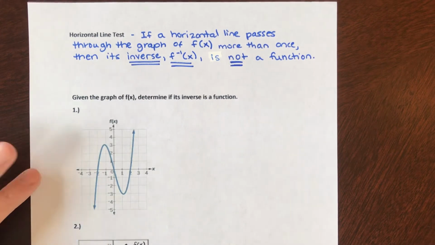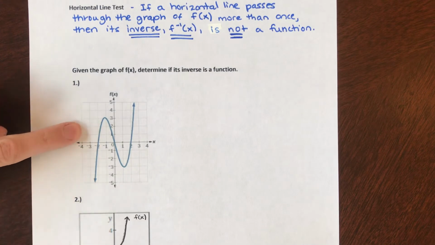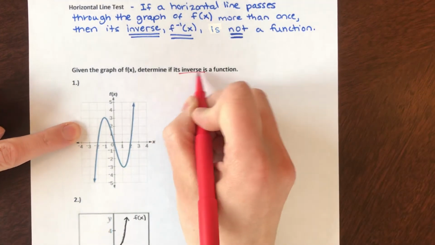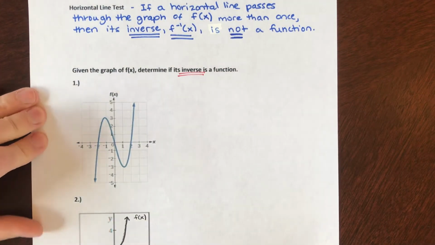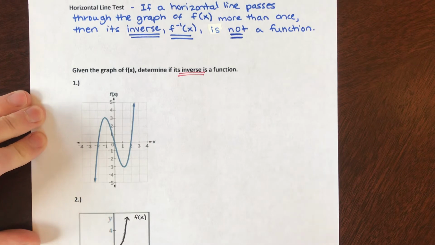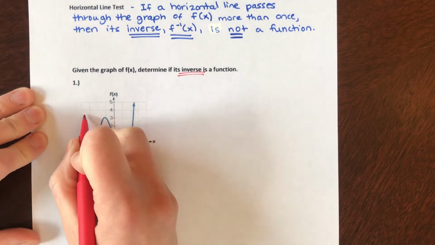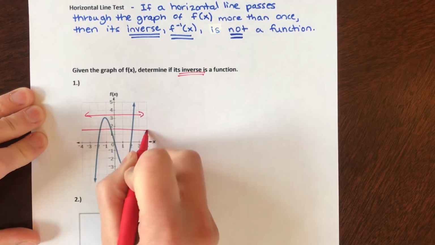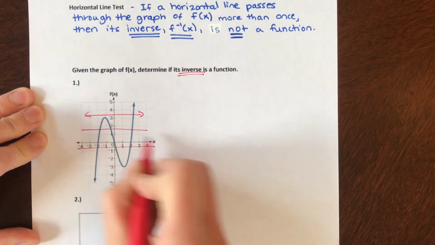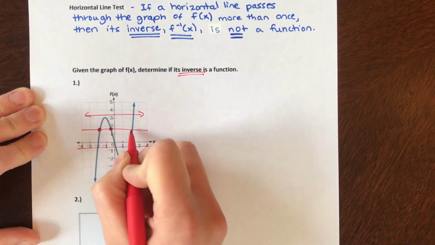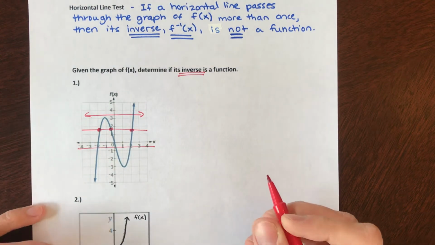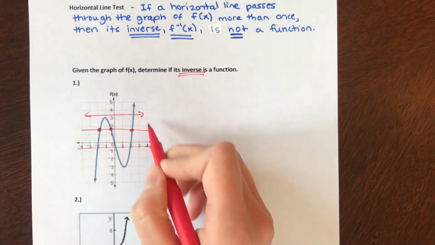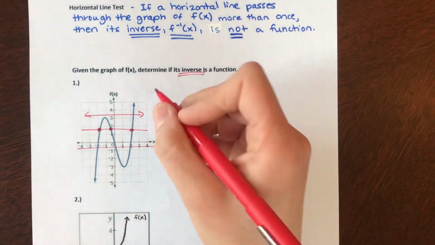So here are two quick examples. Let's say I give you the graph f of x, and I want to know, is the inverse a function? If I want to know that, I'm not going to regraph it. I'm going to use the horizontal line test, and I can see that right here the horizontal line crosses through 1, 2, 3 times. It crosses through more than once. So if I said, is this inverse a function?